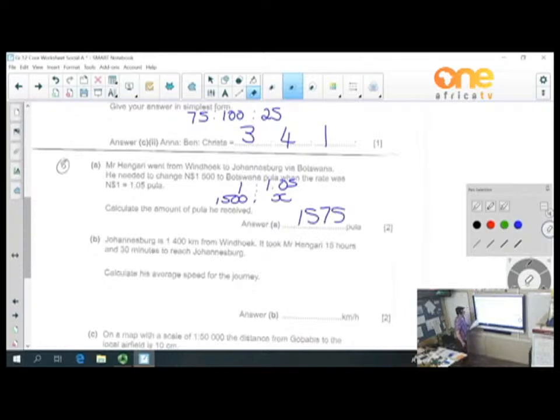1575 Pula. Johannesburg is 1,400 kilometers from Windhoek. It took Mr. Ngani 15 hours and 30 minutes to reach Johannesburg. Calculate his speed. What is speed? Look at the triangle. Remember, this is distance, speed, and time. So what is speed? Distance over time. You divide the distance by the time.